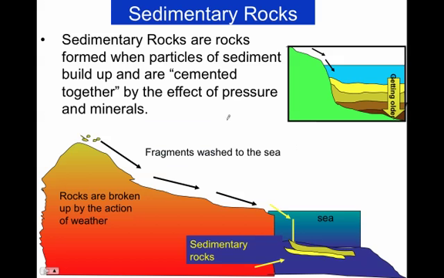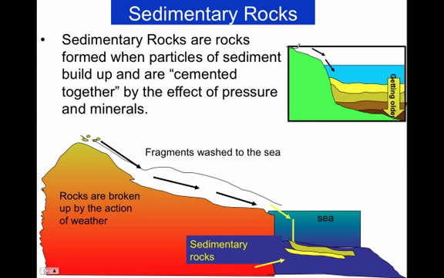Let's talk about sedimentary rock now. Sedimentary rocks are formed when particles of sediment build up and then they're cemented by the effect of pressure. Thanks to runoff, rocks are broken down by weathering, and they're brought by water down to the sea. At the edge of the seabed, the sediment is dropped into layers. You can see this picture.